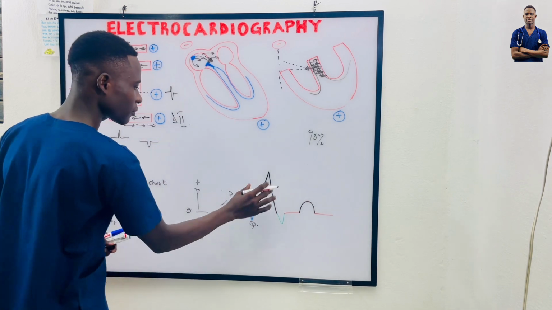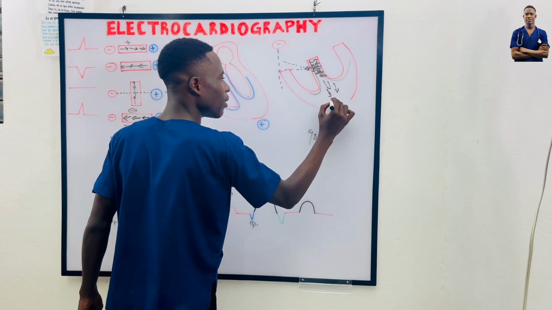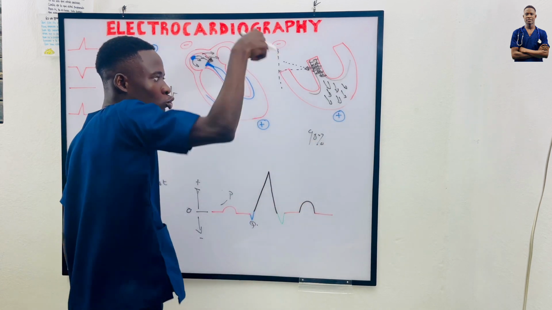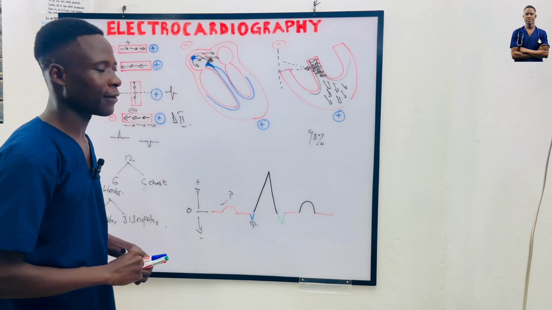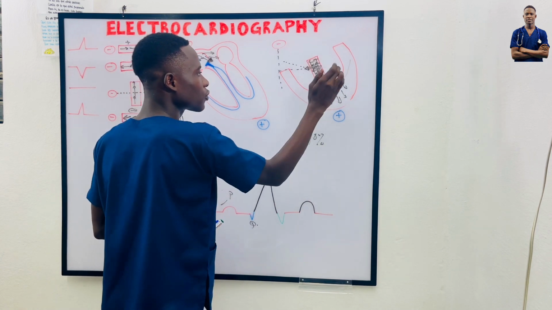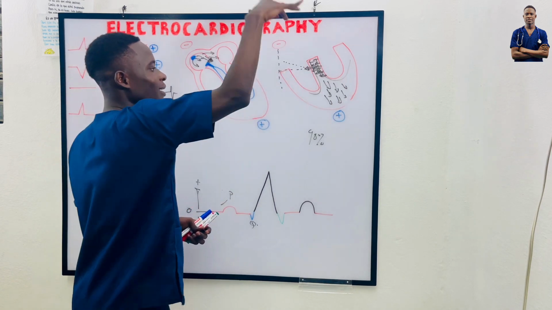So now let's come from there. The current gets to the ventricular wall itself. You see, from the endocardium to the muscle itself to the epicardium, they get depolarized.